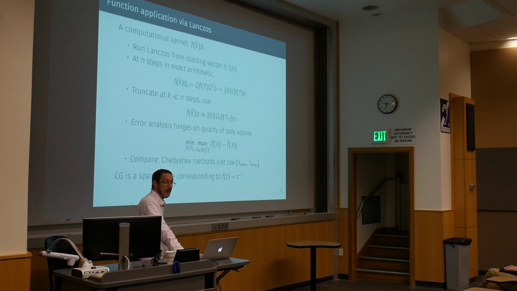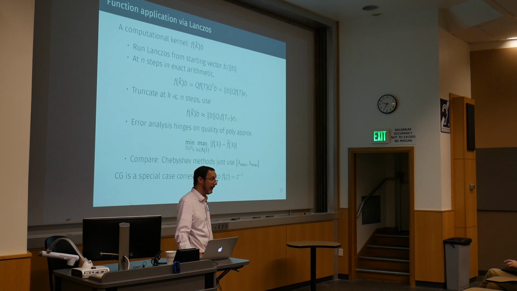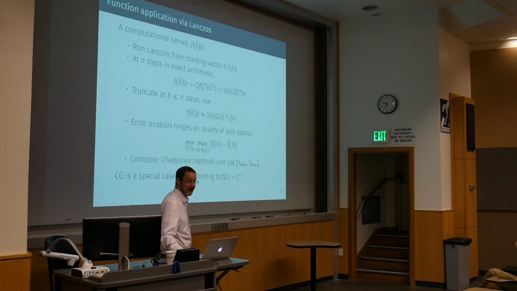If I were to run everything out to exact completion, I get that f of K tilde is the same as Q f of T, so a tridiagonal that you get from running Lanczos, times Q transpose times b. And if you start with the vector b, you can simplify that a little bit more. And if you want to go to approximation, you can truncate after some number of steps. Right? So you truncate after k steps. And there's an error analysis framework for this, which I'm not going to go into, that has to do with connections to polynomial approximations.